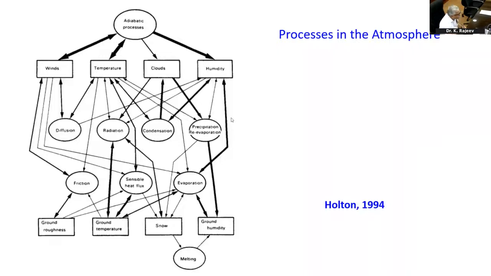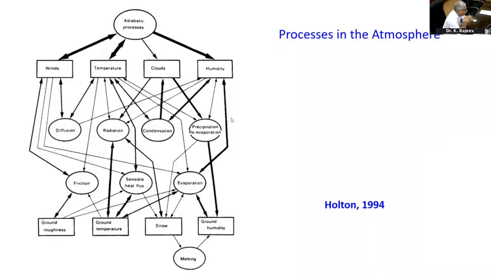And ground humidity and snow and ground temperature together, including roughness, contribute to evaporation, that is latent heat flux. And all these things, humidity coupled together with the winds, decide evaporation along with the atmospheric temperature. So this picture is put in such a fashion that whichever parameter is getting affected, whether it is controlling or being controlled, is being affected.